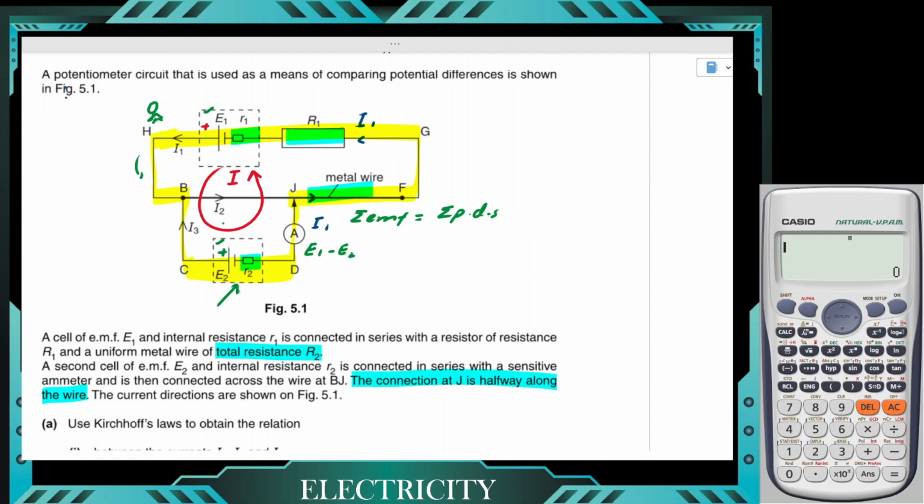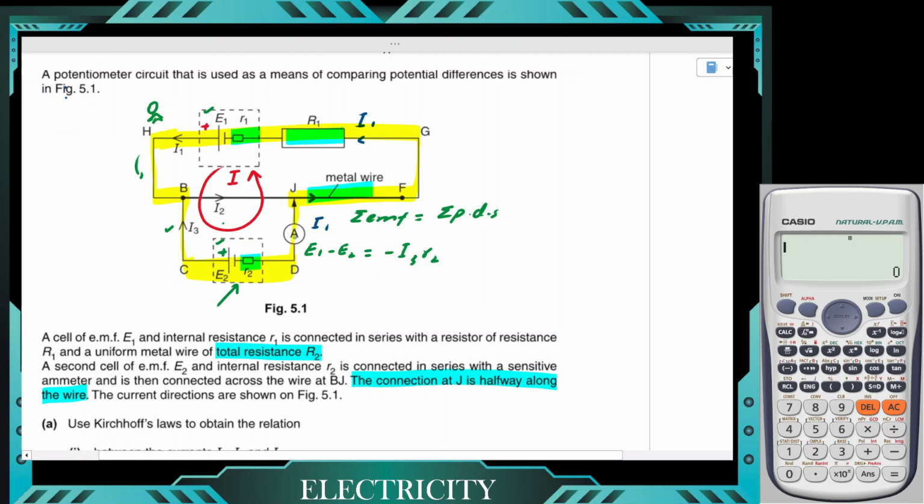The potential difference across R2, in that case, would be minus I3 times R2. And you would know the reason for the negative sign, because the standard direction of current, the red one, is anti-clockwise, and the direction of current I3 is opposite to that. So I3 is kind of clockwise. The standard direction is anti-clockwise.